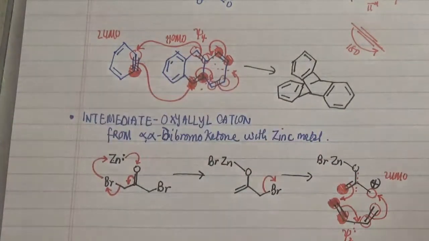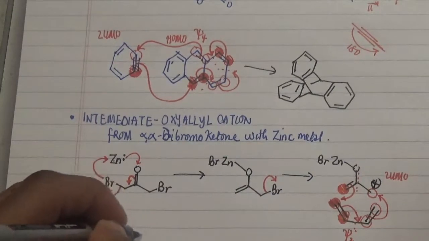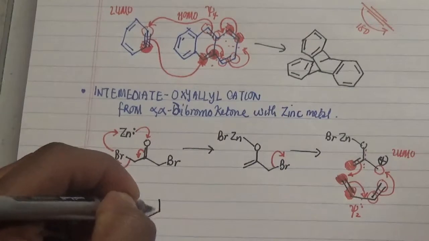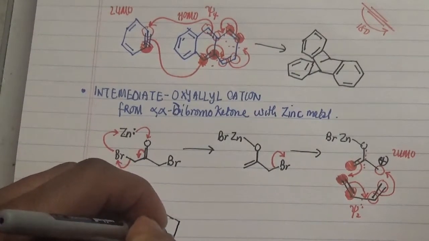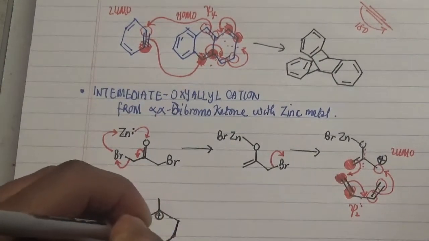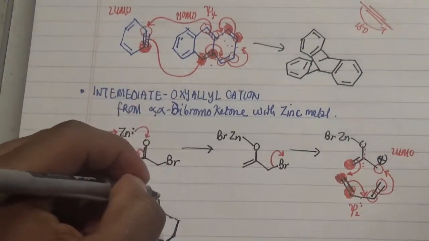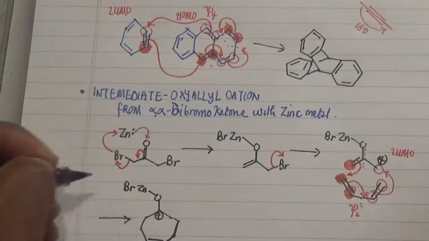Now this leads to the formation of an intermediate, and this intermediate has a positive charge on this carbon, which generates a carbocation, and a double bond at this region, while we still notice that zinc is still bonded with the bromine.